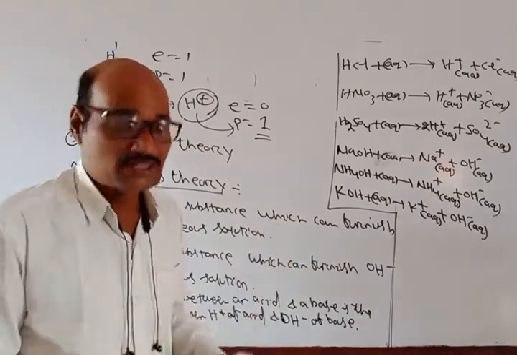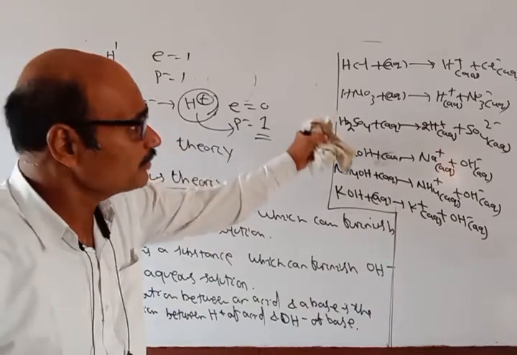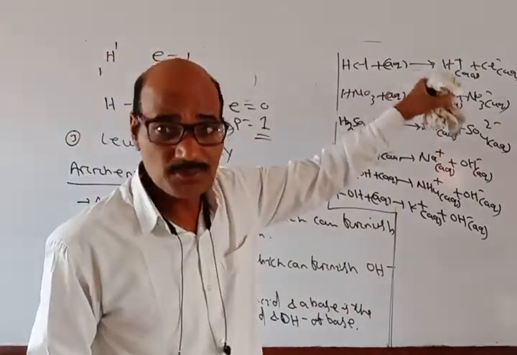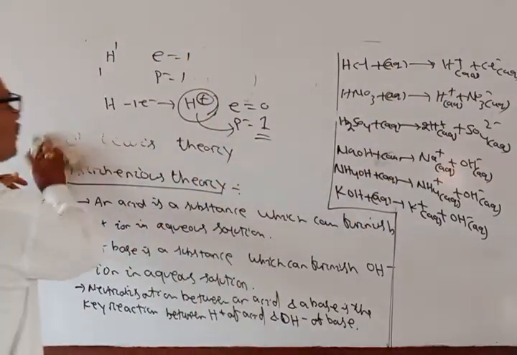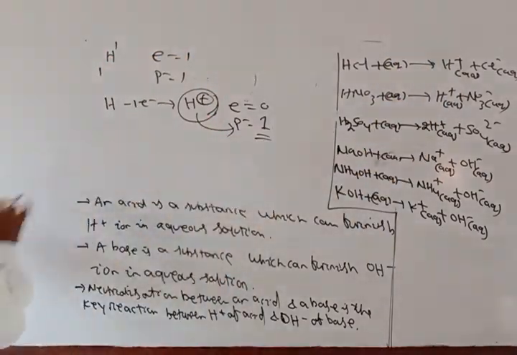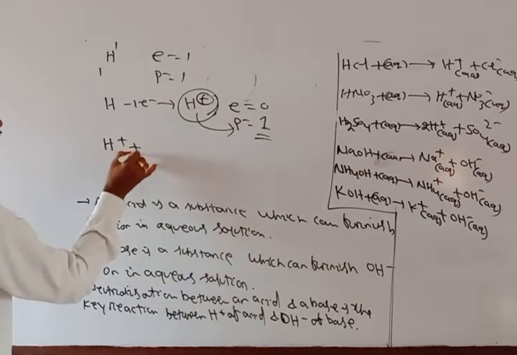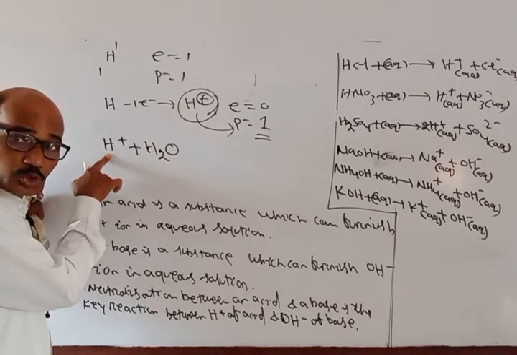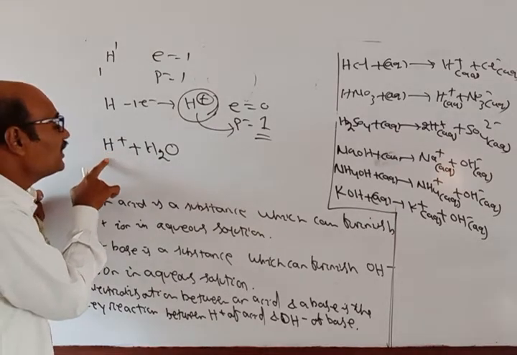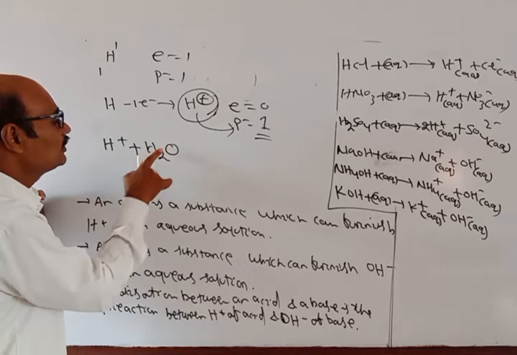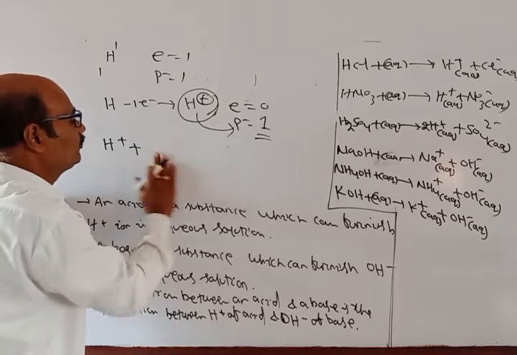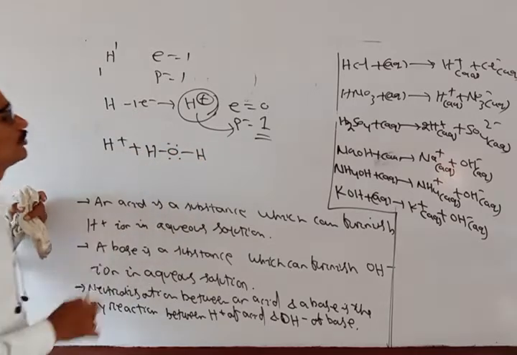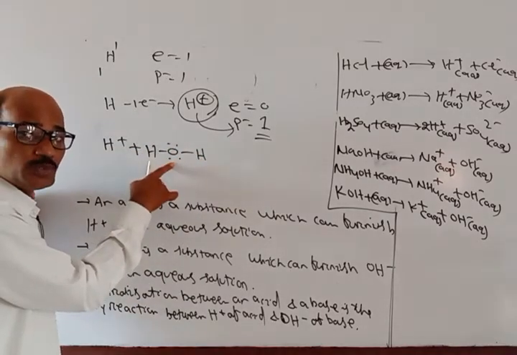As soon as HCl is dissolved in water, it gives the proton. Now this proton is unstable, so it combines with water. This proton accepts a pair of electrons from H2O. We can write HOH, which has two lone pairs of electrons.